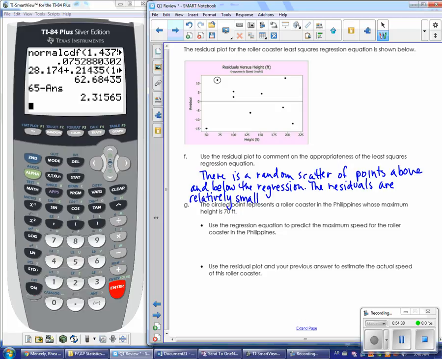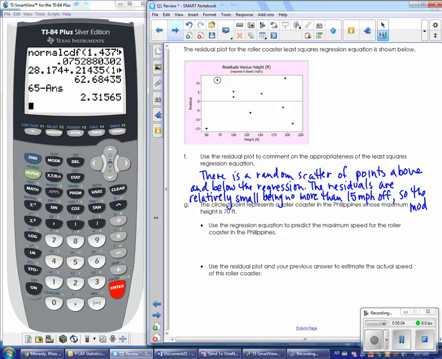But I think in this case, it's appropriate either way. The residuals are relatively small, being no more than 15 miles per hour off. And then just conclude, so the model is appropriate.